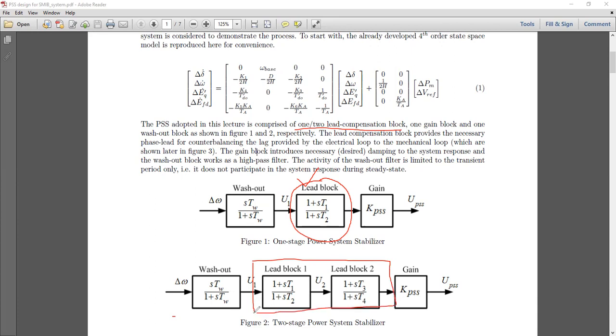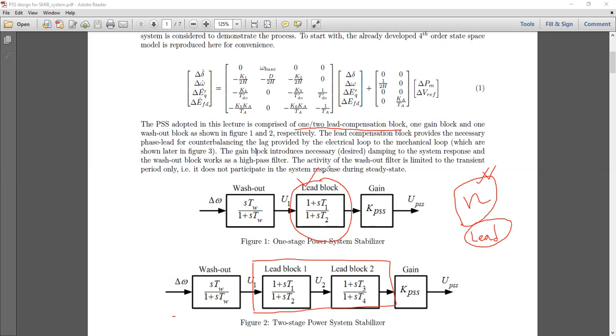In general, there could be n number of lead compensation blocks. How to choose it? We'll take it slowly as we go through the lecture.